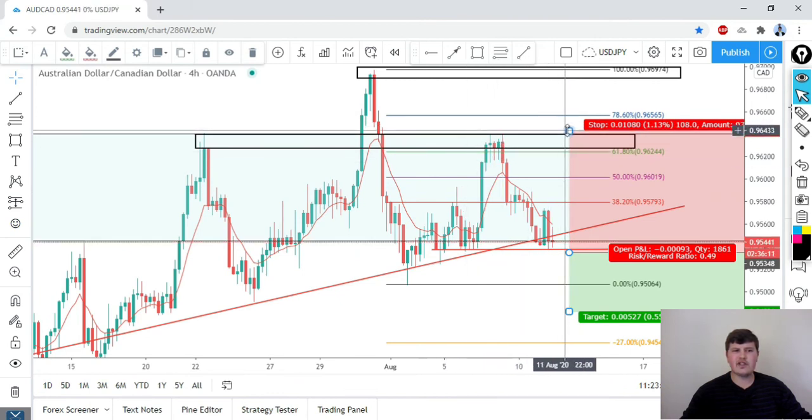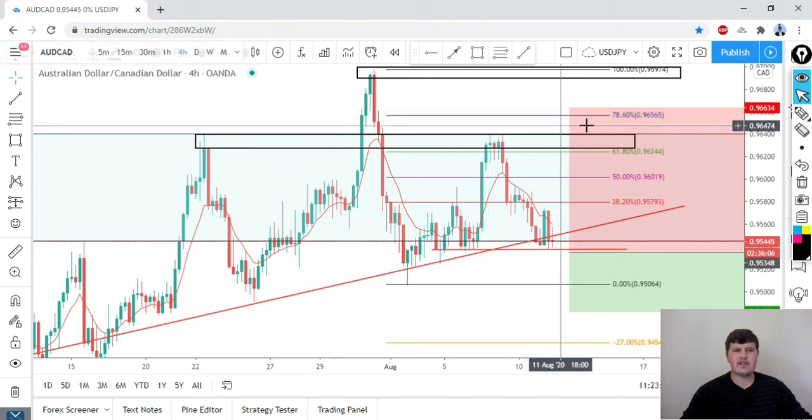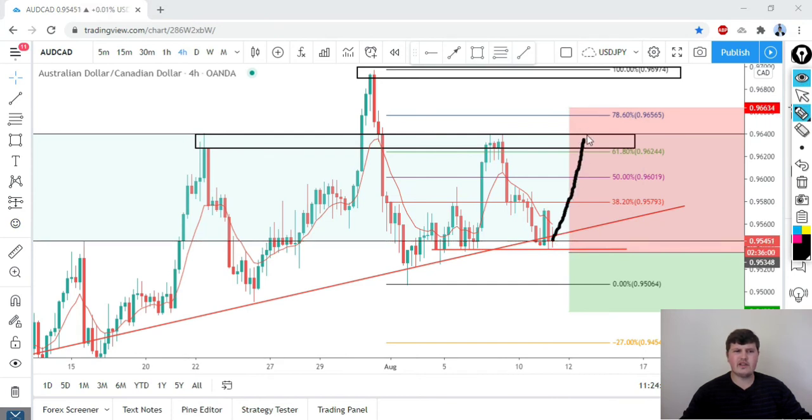But to be conservative and to be safe, I'm going to put my stop loss just above the 78.6 Fibonacci level, just in case on the off chance that price decides to test this level and it can still turn around, and just an added precaution and to be safe.